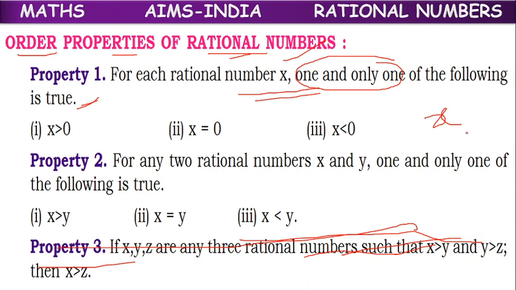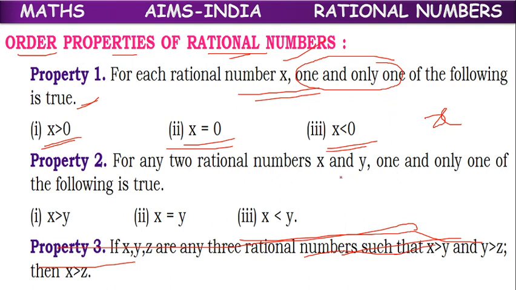So if there is one rational number x, what property may be suitable for that rational number? It may be greater than 0, it may be equal to 0, it may be less than 0. So out of any three, only one property will be applicable to one particular rational number.